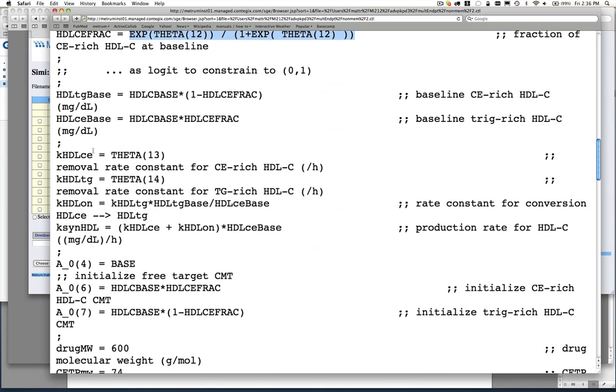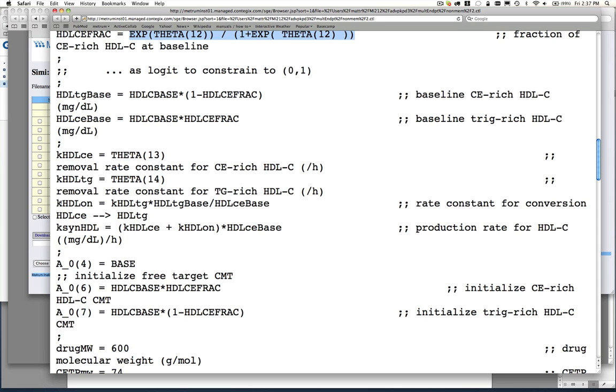So then we have removal rates for HDL cholesterol, the cholesterol ester-rich particles, the triglyceride-rich particles, and then this is where it gets a little bit interesting, and you've got to go through and just solve out the algebra here so that you're safe at steady state and you don't get parameterization or identifiability issues.